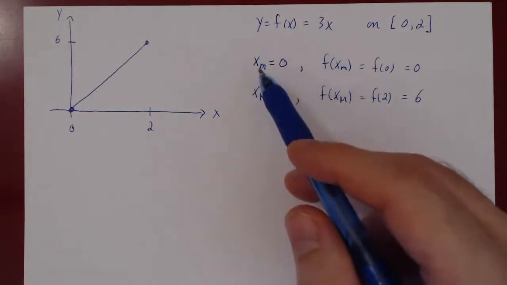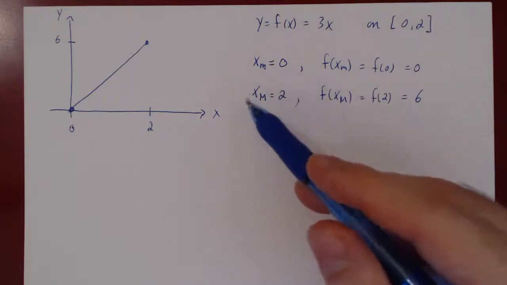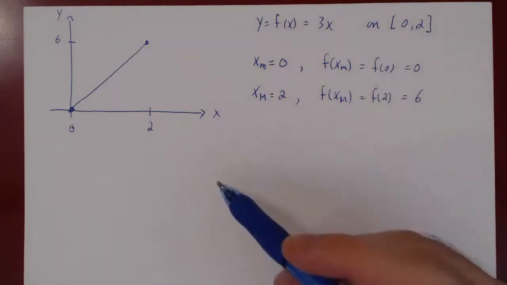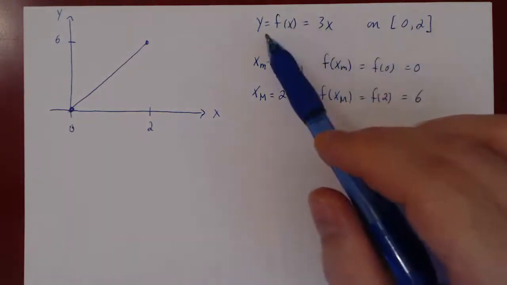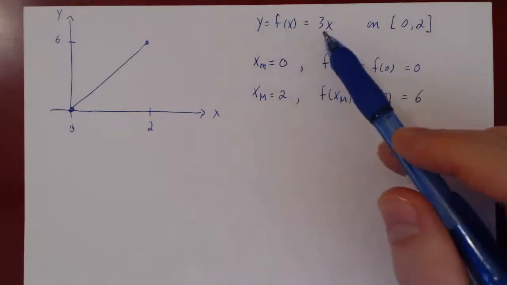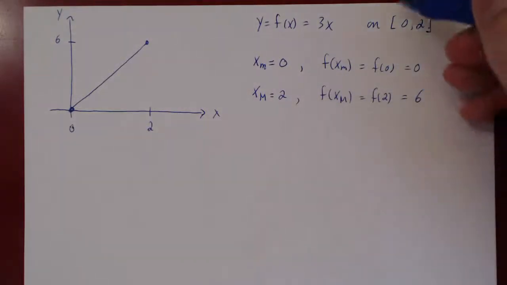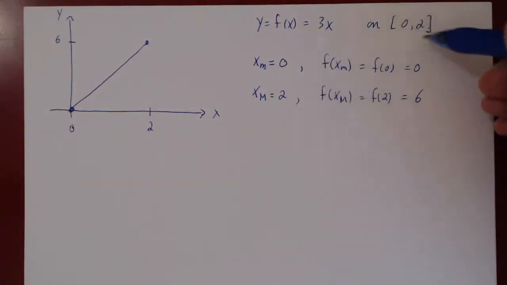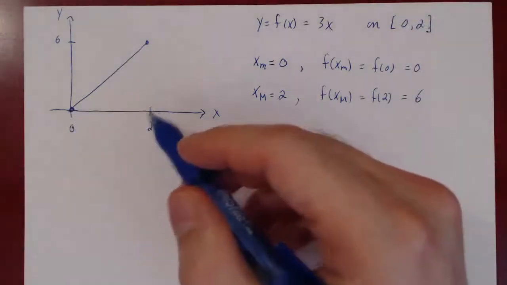Now what's interesting here? The absolute minimum was the left-hand point of our interval, and the absolute maximum was the right-hand point of our interval. So it is obvious from this problem that if you ever want to maximize or minimize a function that is continuous on a closed and bounded interval, you have to consider the endpoints, because a maximum can occur at an endpoint.